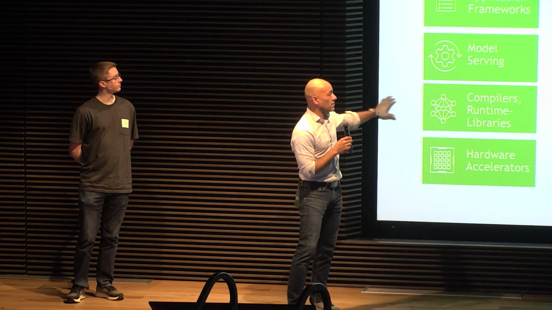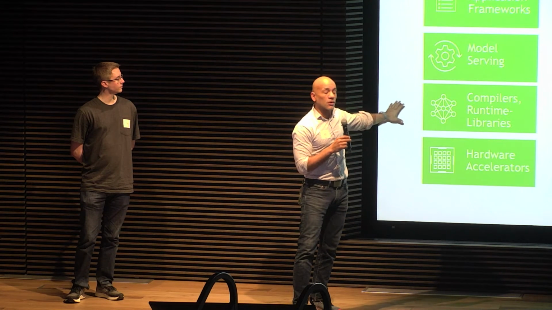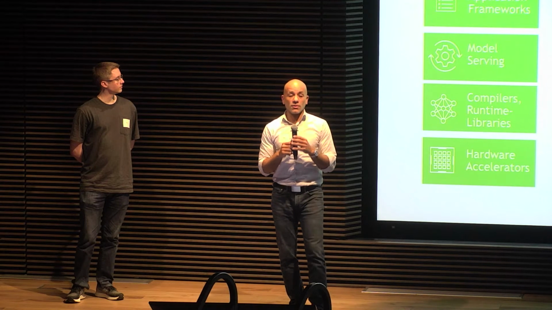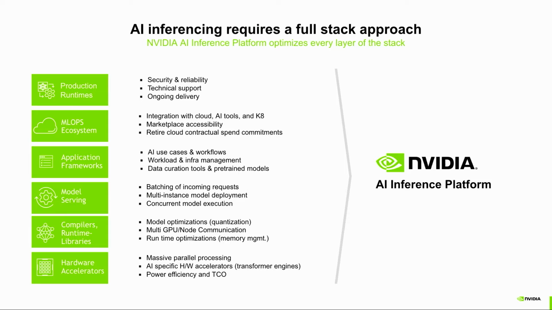And this, we have a couple of solutions for compilers that we have out there in the open source realm, like TensorRT and TensorRT LLM, that can optimize models to make sure that they're taking full advantage of the underlying GPU. On top of the compilers are the model servers.